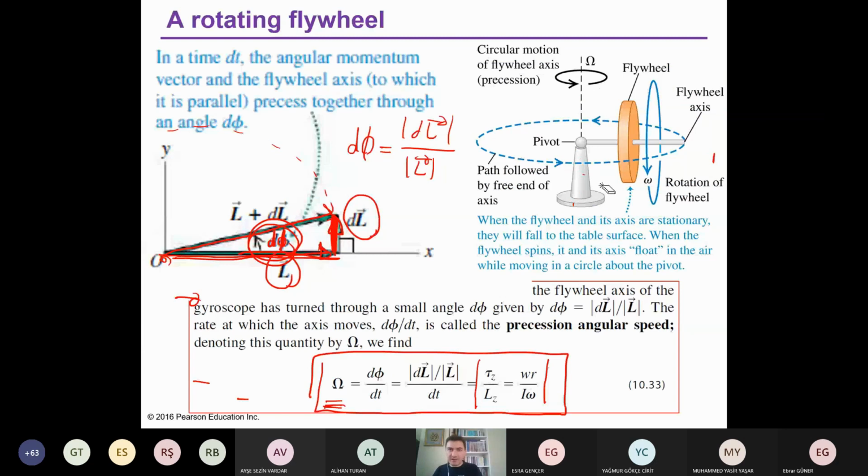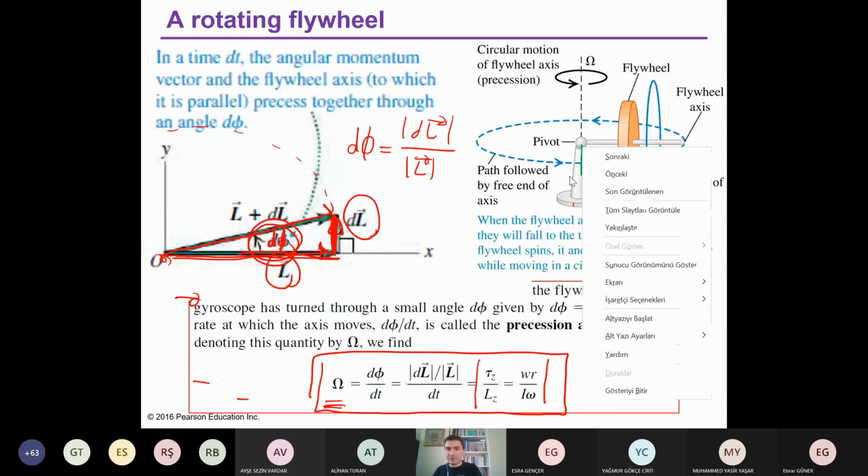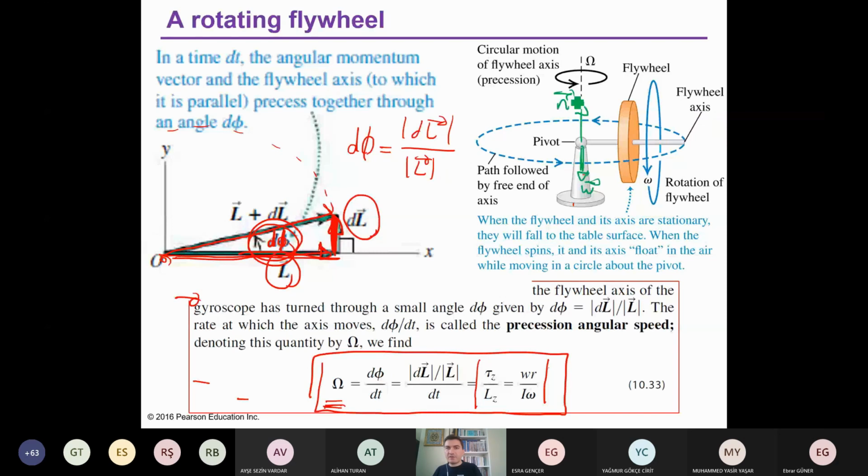Let me use a pen here. So there is a weight acting on the pivot, and there's a normal force acting on the pivot. Since they are equal to each other, there is no net force along this axis. If you consider this is the z-axis, along the z-axis there is no net force, okay?